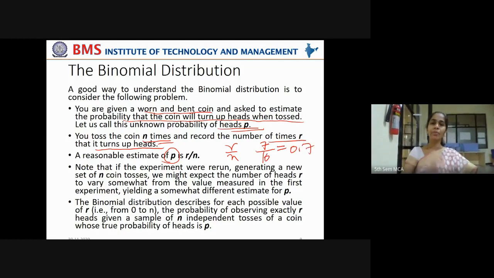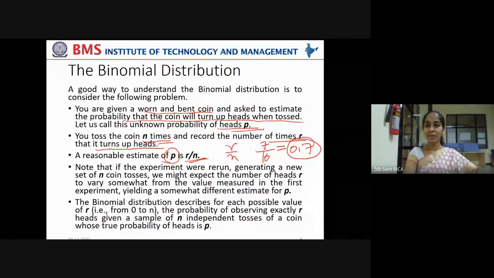In that case, you can say the probability of observing heads out of n coin tosses is 0.7. Out of 10 coin tosses is 0.7. That is a simple calculation, right? How to calculate the probability? The number of outcomes you are interested in by the total number of experiments you have performed.